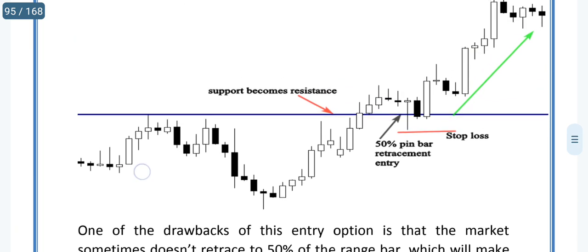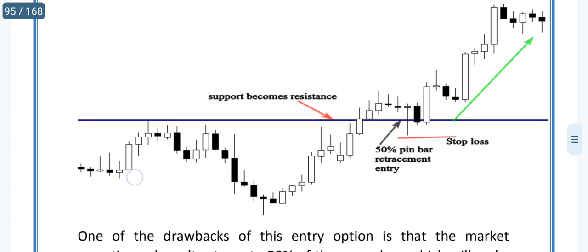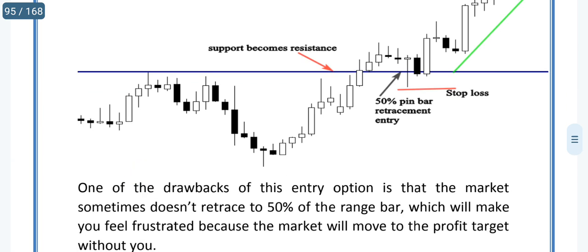And what you have to master is one of the drawbacks of this entry option or point, I mean the conservative entry point, is that the market sometimes does not retrace to 50% of the range bar. This is a point to note.